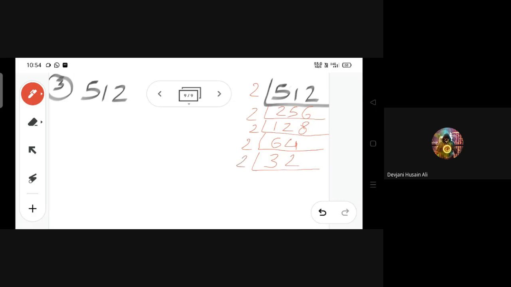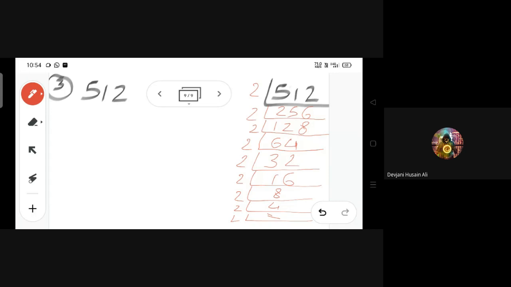Again, if you divide it by 2, you will get 16. Again, you will get 8. Again, 4. Again, 2. And at last, you will get 2.